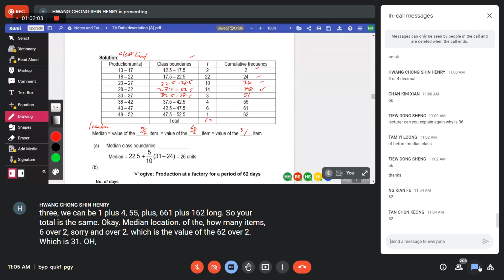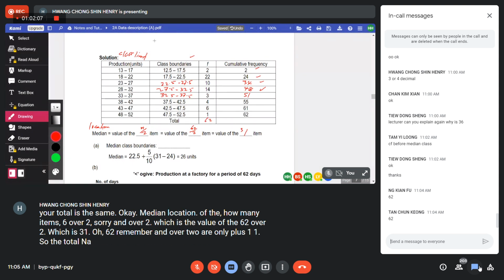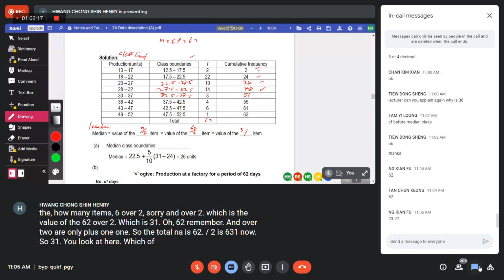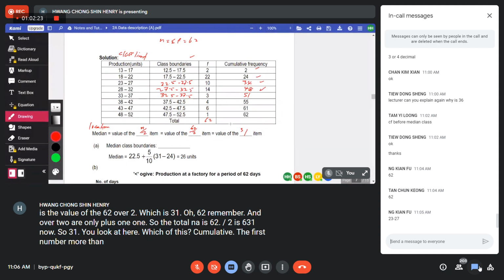Remember, n over 2 is normally without plus 1. So the total n here is 62, divided by 2 is 31. So 31, you look at here. Which of this cumulative is the first number more than 31?